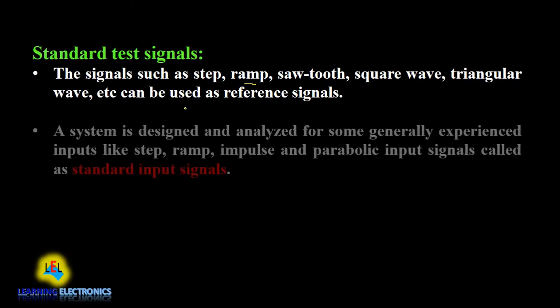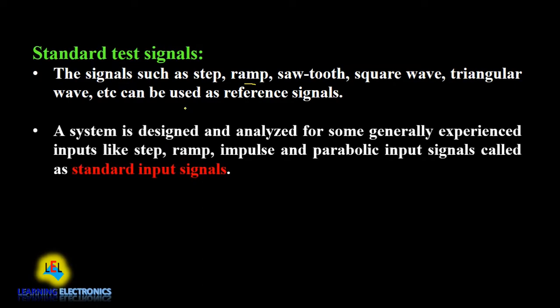Hence, for analysis and design of the system, the signals that are commonly used as reference signals, or the signals that are generally experienced, are used, and these types of signals are called standard test signals. These signals are step signal, ramp signal, impulse signal and parabolic input signal.